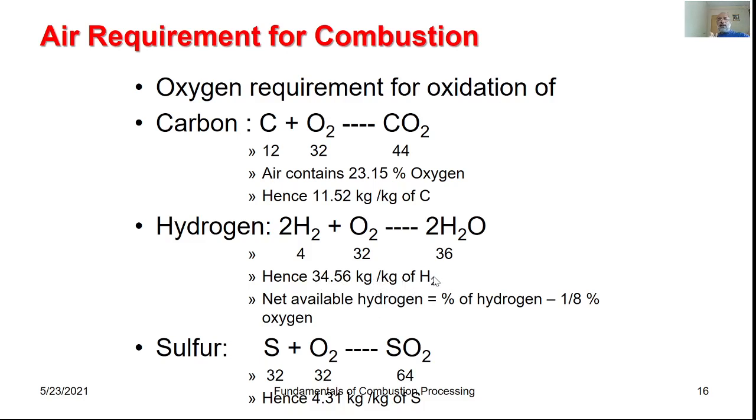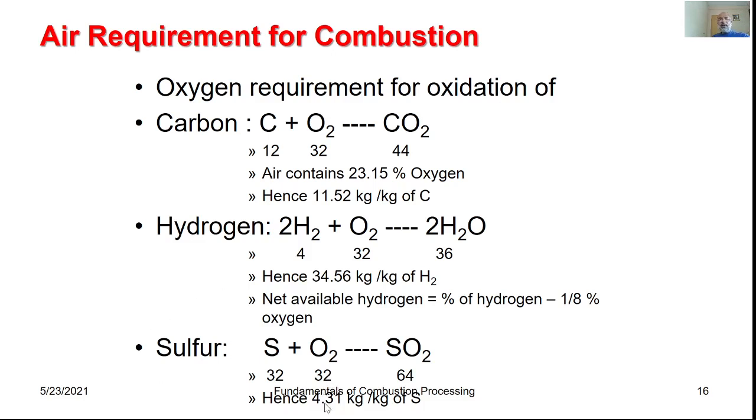As far as the total configuration is concerned, we have to consider the net available hydrogen. It will be the percentage of hydrogen minus 1/8 of the oxygen. So H minus O by 8, the way we considered in the characterization, is also to be considered as far as the actual air computations are concerned.